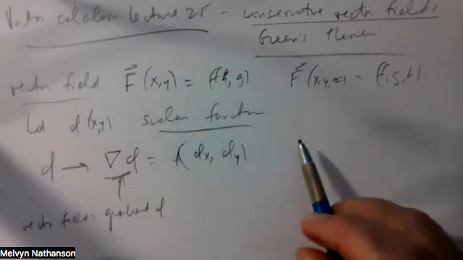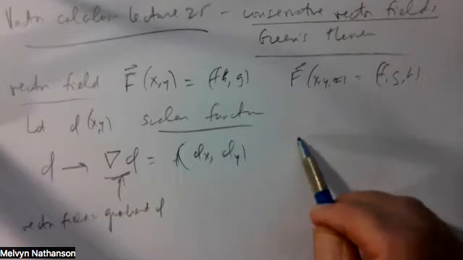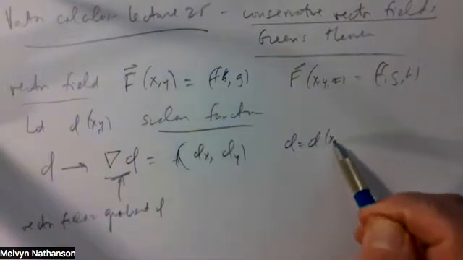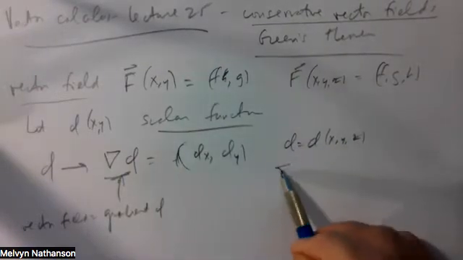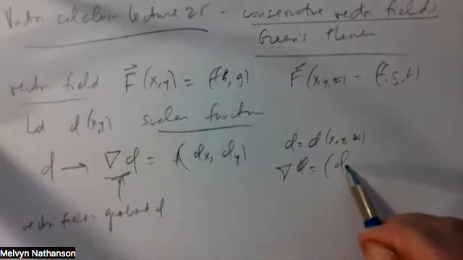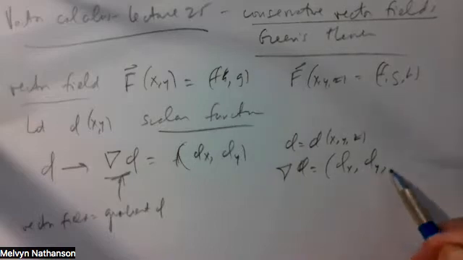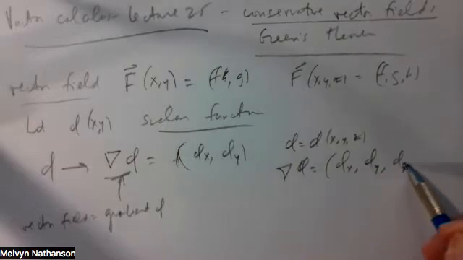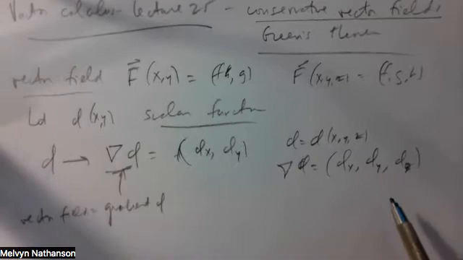And if we were in 3 dimensions, where phi is a function of x, y, and z, then the gradient of phi would be a 3-dimensional vector field: partial phi with respect to x, partial phi with respect to y, and partial phi with respect to z.